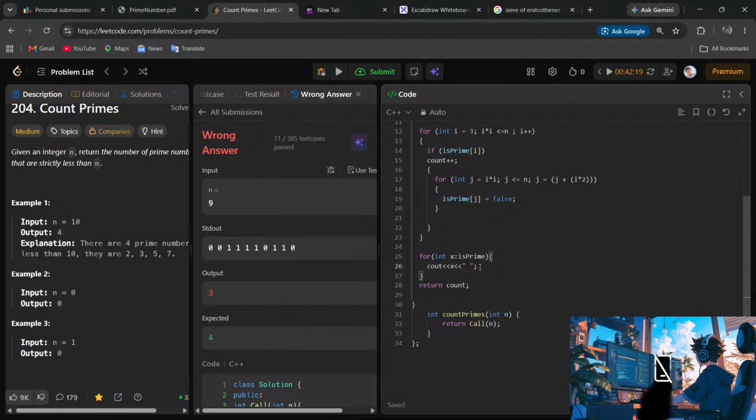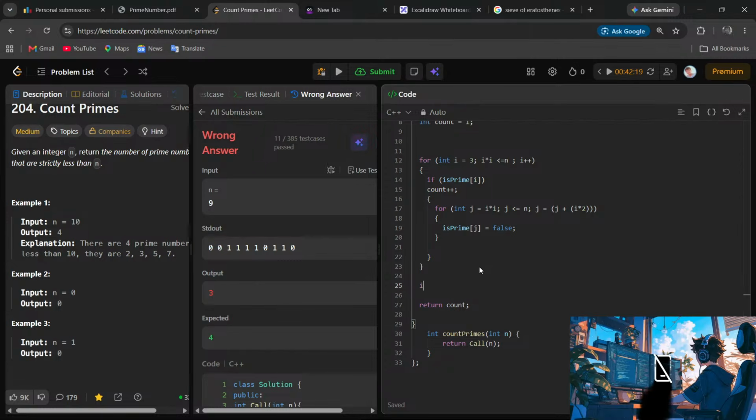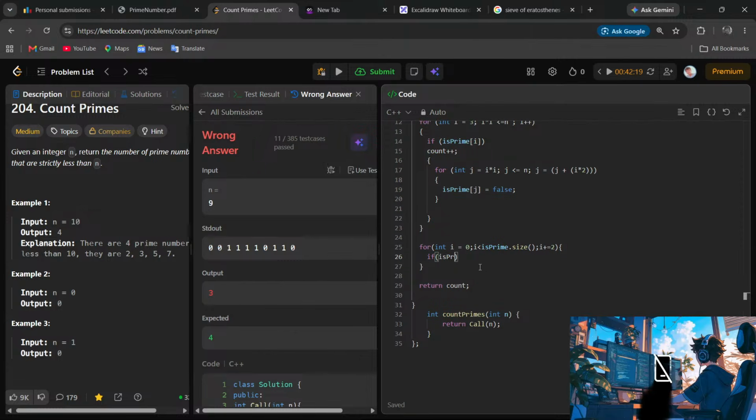Okay, and what I will do here is for int i equals 0, till i is less than isPrime.size(), and then i plus equals 2. And then if isPrime[i] is a prime number, then I will increase the count and I will print the count.